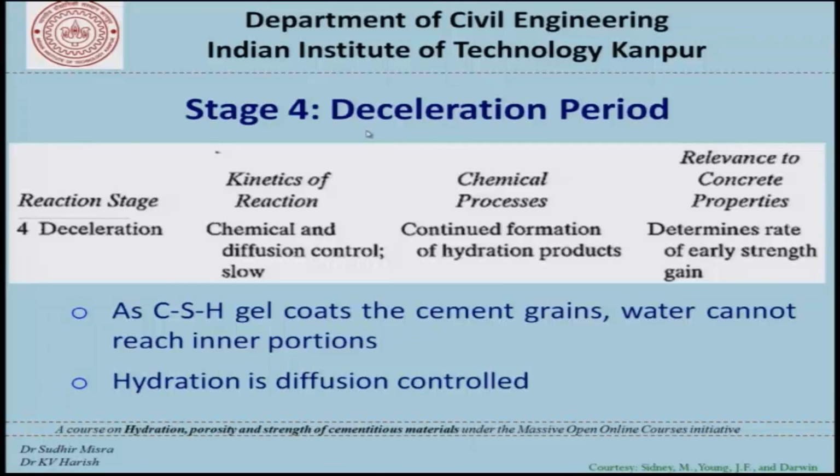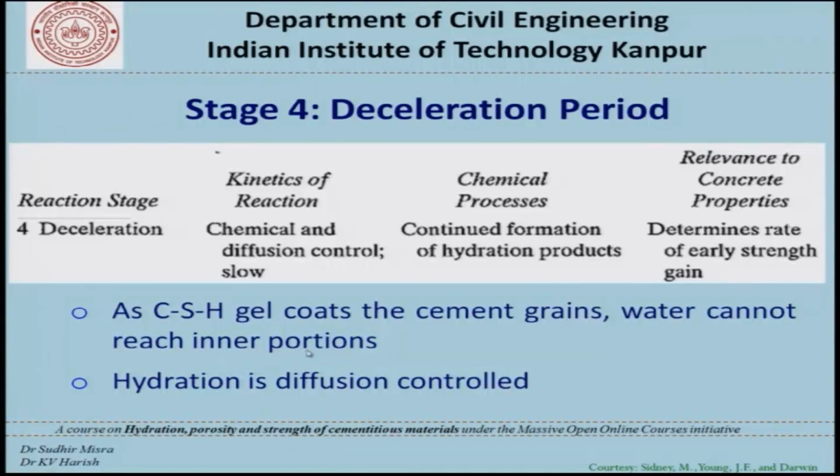Now, the fourth stage is the deceleration period. This stage in terms of kinetics of reaction is explained as chemical and diffusion control, and the reactions are also generally explained as slow. The chemical process is nothing but continued formation of hydration products, and what happens here is that the calcium silicate hydrate gel coats the cement grains.